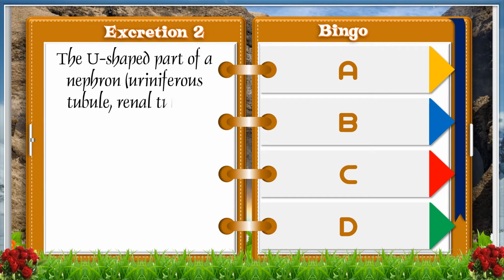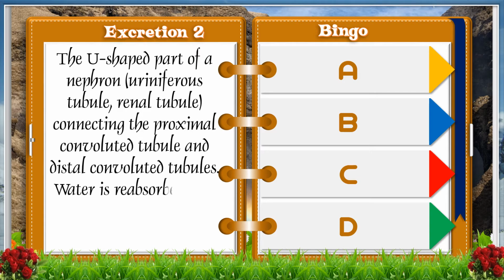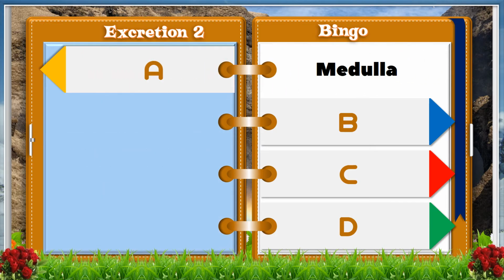A U-shaped part of the nephron, a uriniferous tube, renal tube, connecting the proximal convoluted tubule and the distal convoluted tubule. Water is reabsorbed here during the formation of urine. A. Medulla.